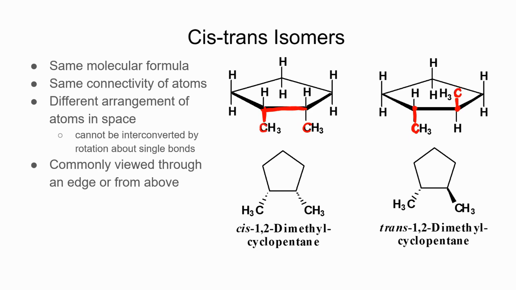So then they differ in their arrangement in space. On the left, these 2 methyl groups are on the same side. On the right, 1 methyl group is down and 1 methyl group is up. So on the left, when they're both on the same side, that's called cis. Cis for on the same side, trans for the methyl groups being on opposite sides, 1 up and 1 down.